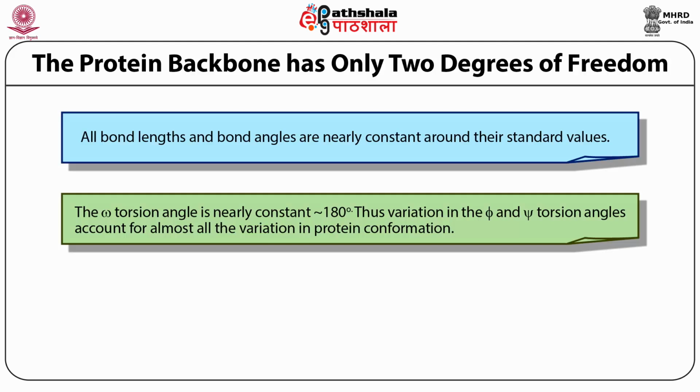So almost the entire variation of conformation in peptides and proteins comes from the variations of the phi and the psi torsion angles. And the variations of phi and psi are what we need to study to find out how the protein can take a particular conformation or how it can change from one conformation to another.